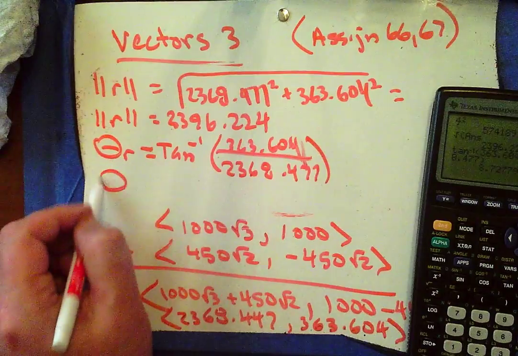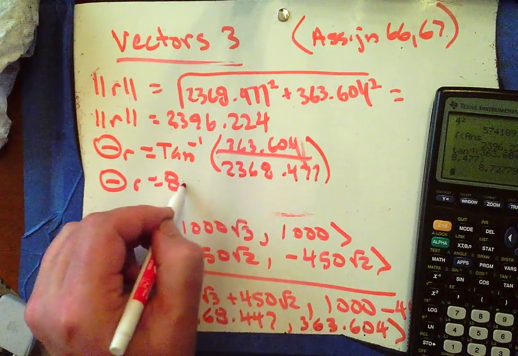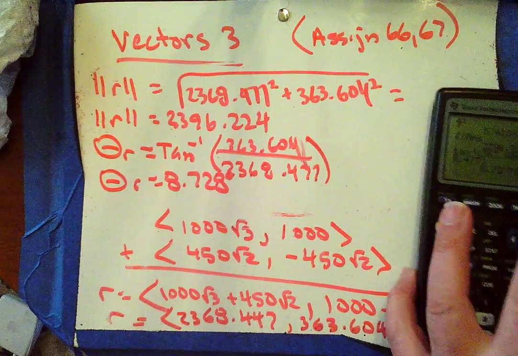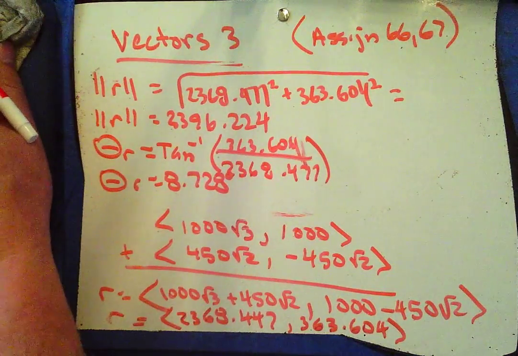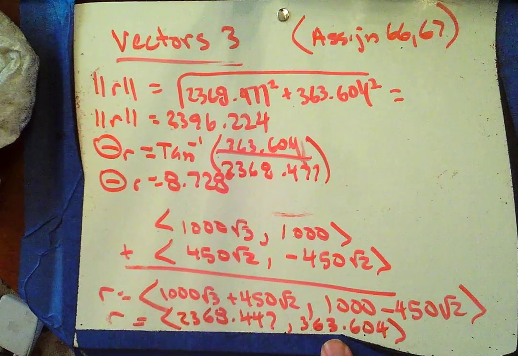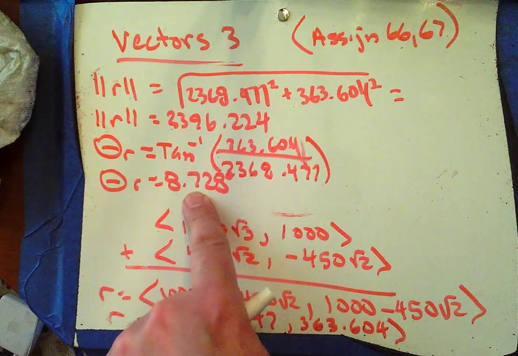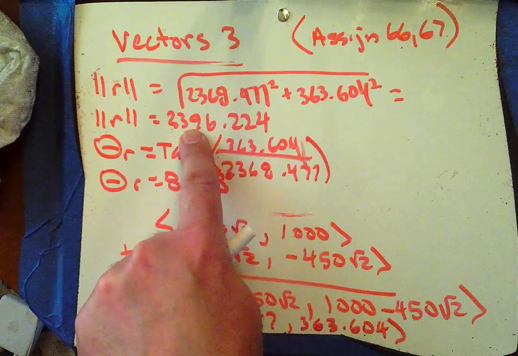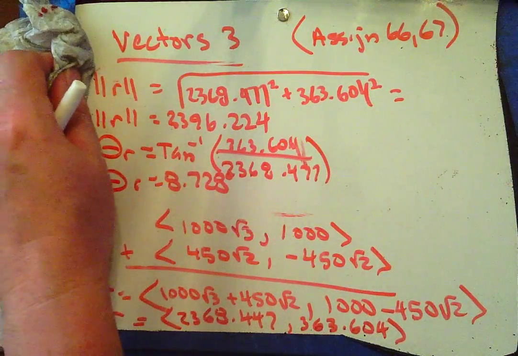And I get that theta R equals 8.728 degrees. All right. And in my mind, these numbers make sense. I'm going over a lot and up a little. Therefore, my angle is going to be really small. And I've got a magnitude that's bigger than either of the original vectors.